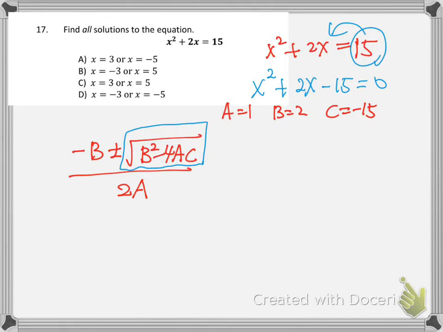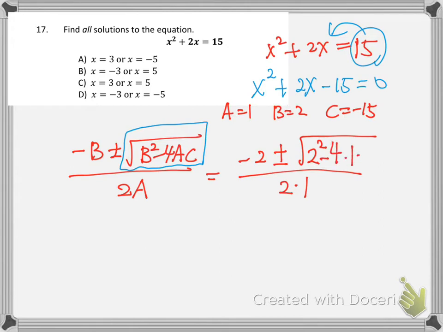Now let's continue. So this is equal to 2a, which is 2 times a, so which is number 1. Negative b is negative 2, plus minus the square root of 2 squared minus 4ac, so it's 4 times 1 times c. C is negative 15.